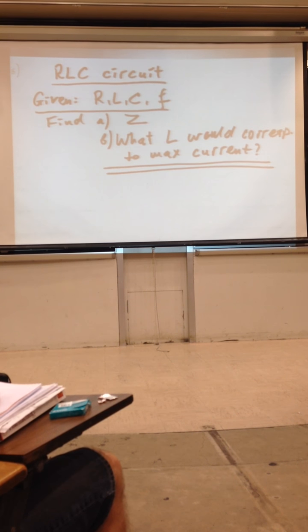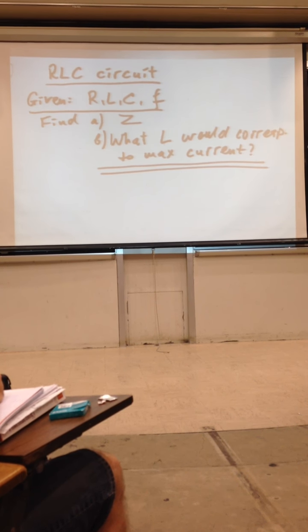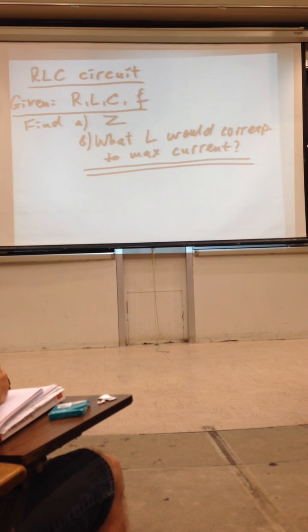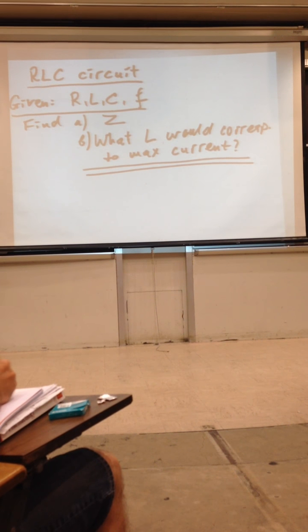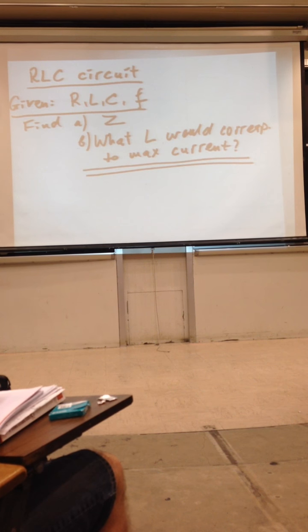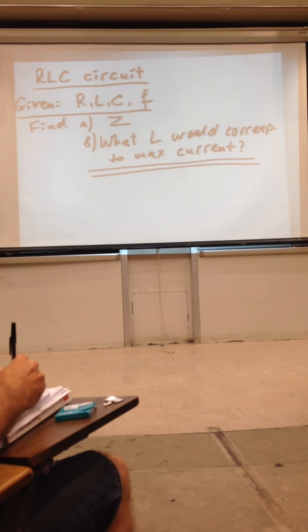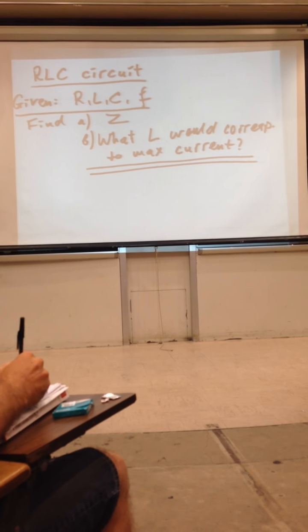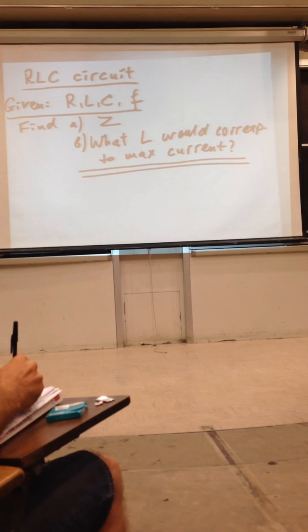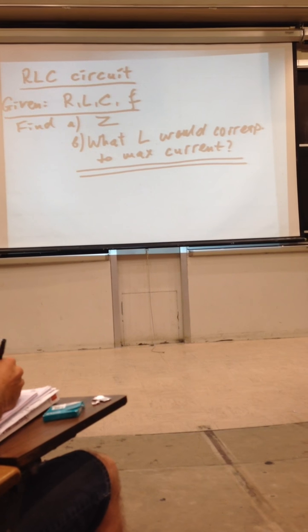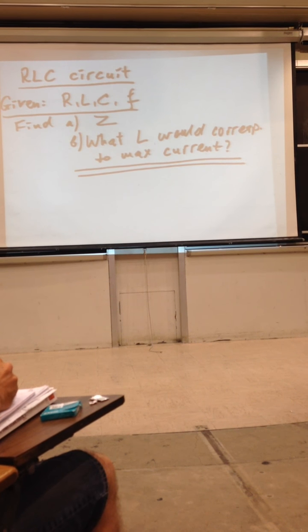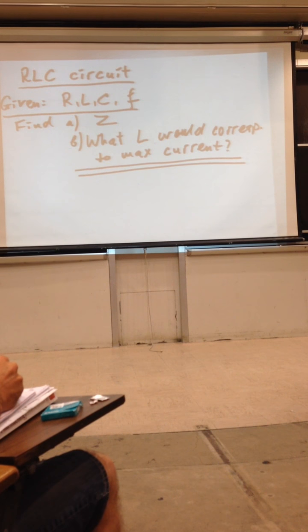RLC circuit. As you can see, I'm just trying to see if you have the basic knowledge, very fundamental. For example, RLC circuit, you have alternating current source, which has certain frequency. The frequency is given, and the resistance, the inductance, and capacitance are given.